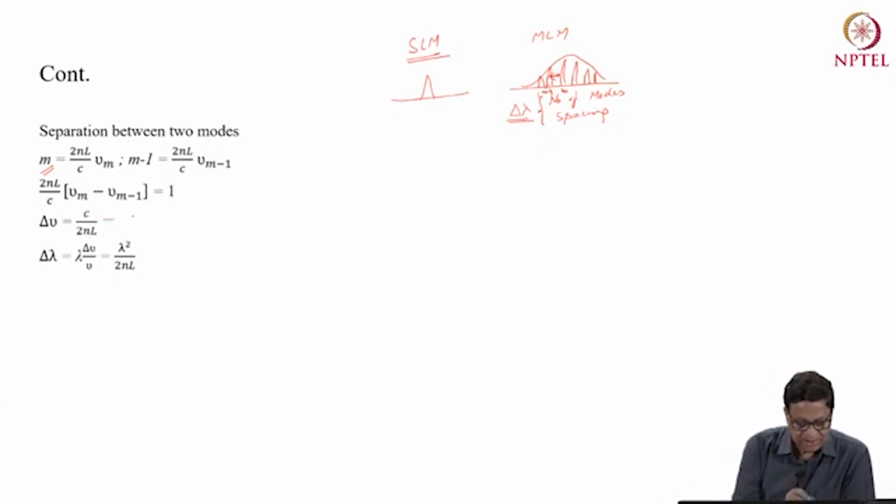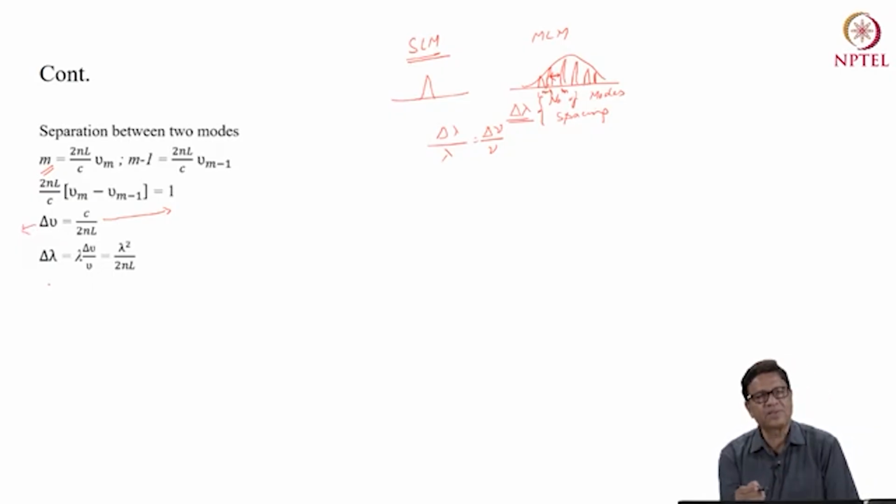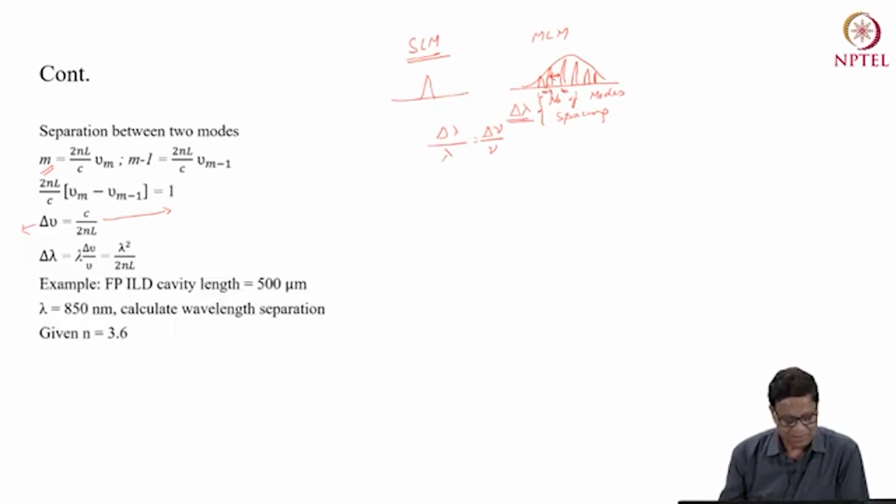I can write this in terms of delta lambda using the expression delta lambda over lambda equal to delta nu over nu. This is in delta nu, and I want it in terms of delta lambda, because normally the spectral width is expressed in nanometer. So this will be lambda square divided by 2nL.